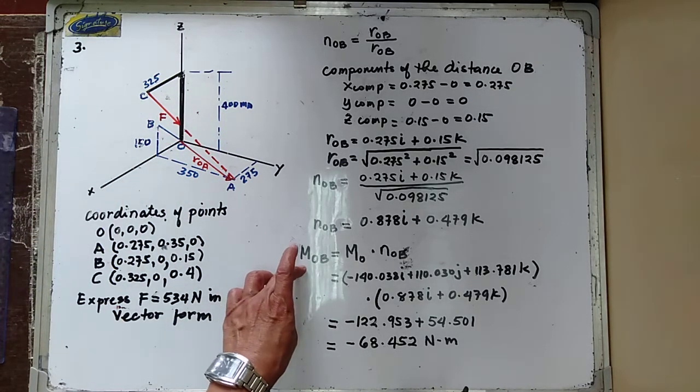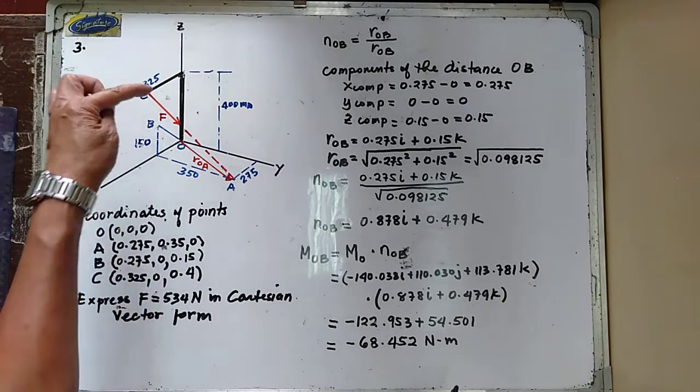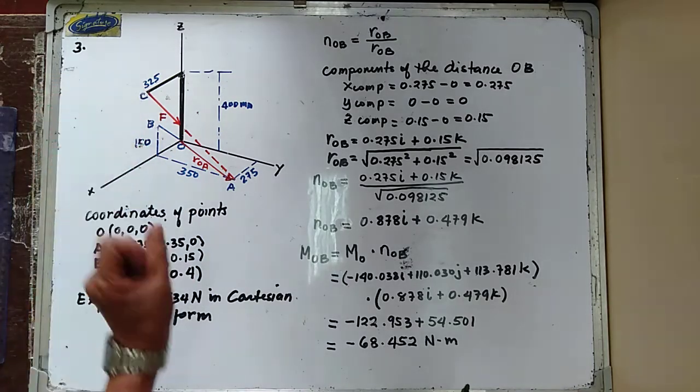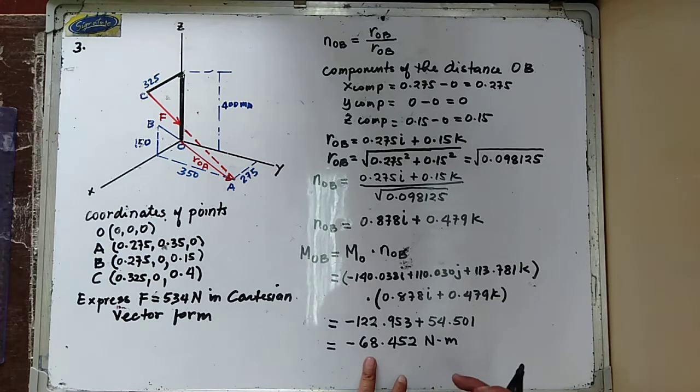So the moment of this vector about line OB is negative 68.452 Newton meter.